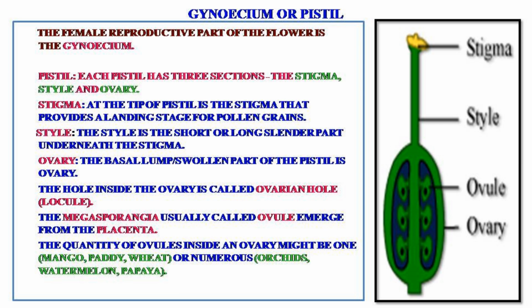Now inside the ovary you can see the ovules which are located inside the ovarian cavity, and the ovules, the megasporangia, are developed on special tissue inside the ovarian cavity called placenta. So all the details you can observe from the diagram here.